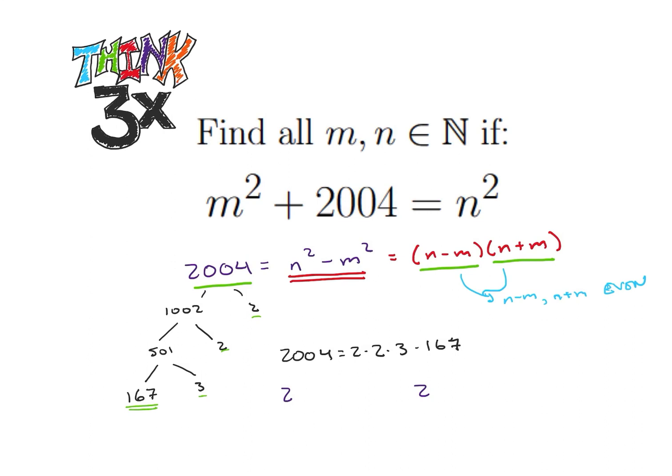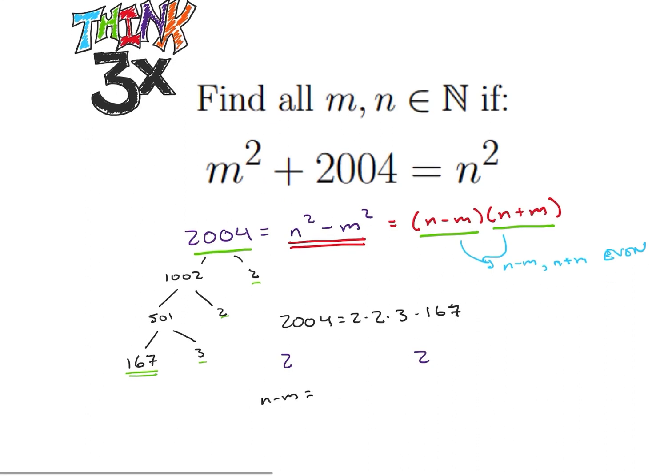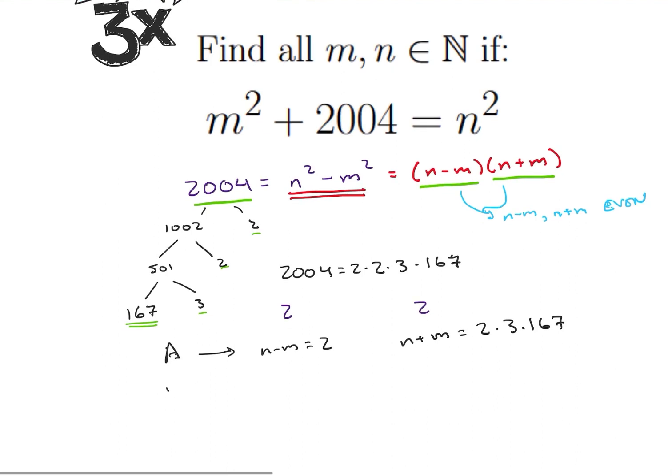So I could have n minus m is equal to 2, and n plus m is equal to 2 times 3 times 167. So that is one solution. We'll call that solution set A. I could also have solution set B, where n minus m is equal to 2 times 3, and n plus m is equal to 2 times 167.